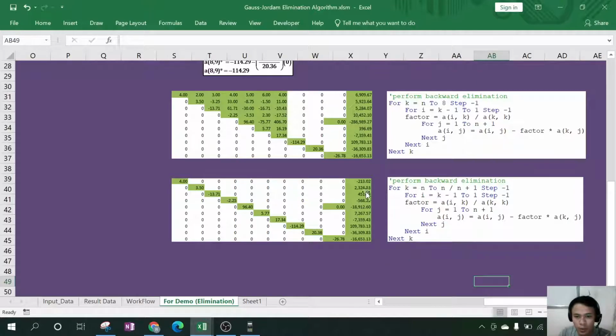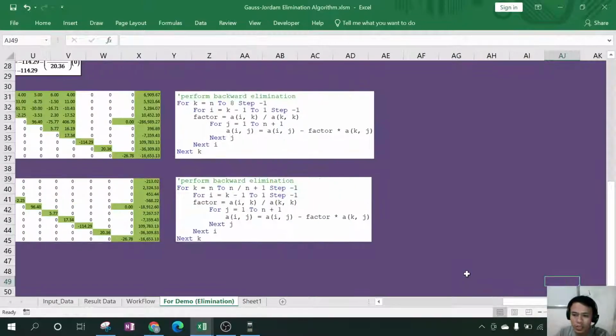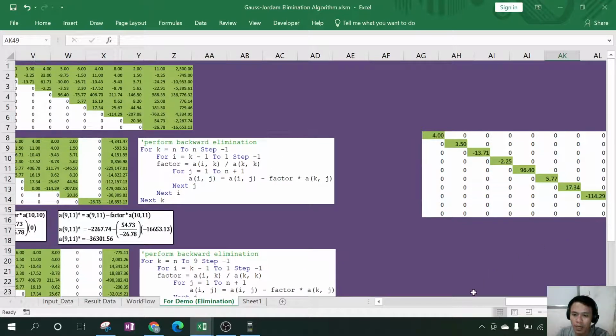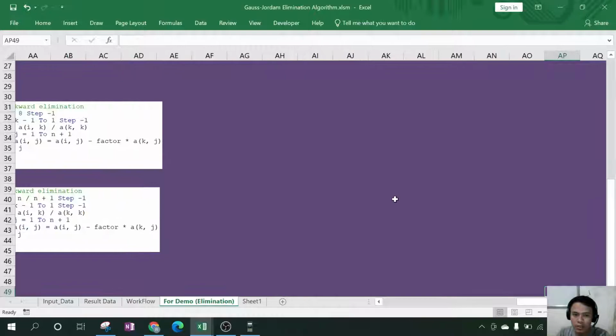Now after this one, we are not done yet. Since we have values in the coefficient, we need to divide here by its coefficient. To do that, we will use the code of normalization.